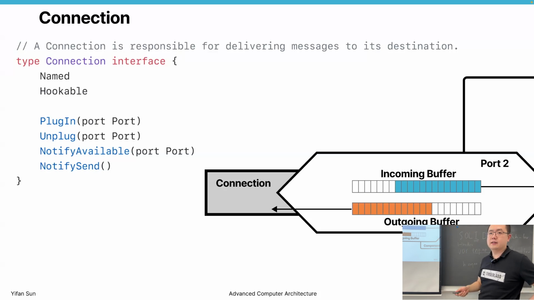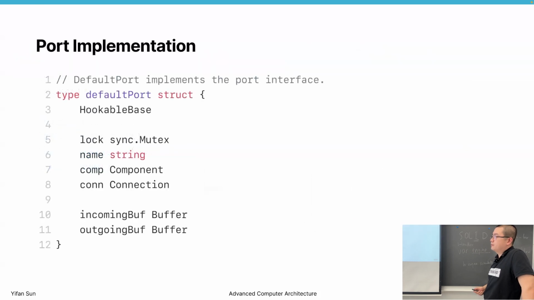And we actually have a sanity check: if this port is already connected to something, and we try to replace the connection by connecting to something else, then it will panic. There's an error. Also this unplug method, we leave it there for future proofing, although we never implemented it. For computer architecture, it's very unlikely that you change configuration while your program is running. So unplug is a never-implemented feature.